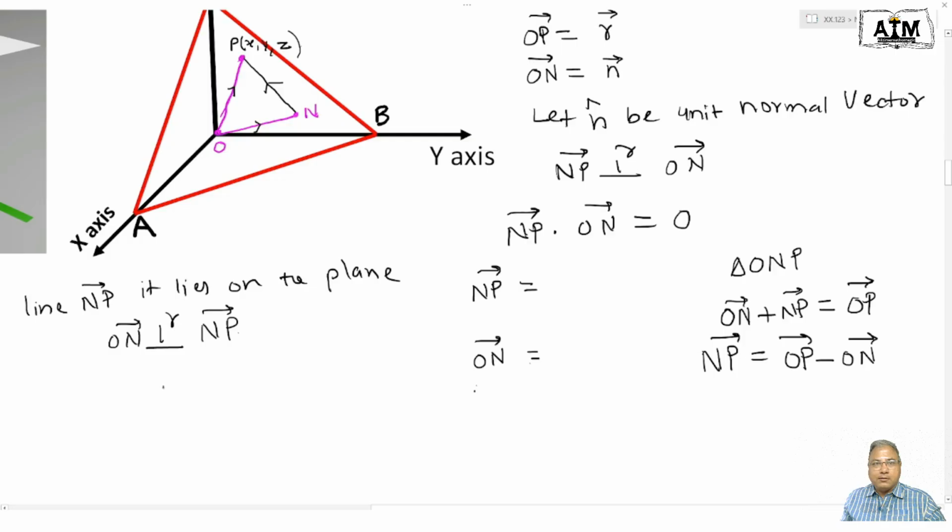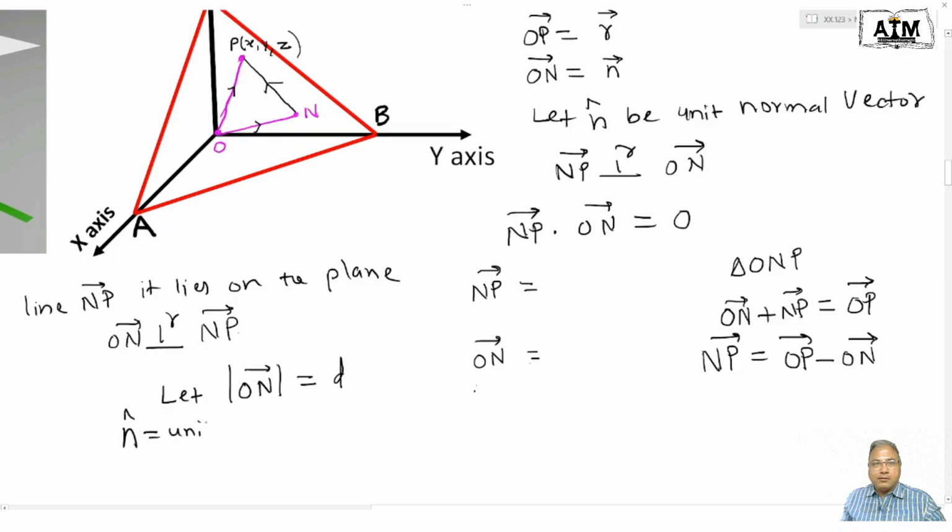Now, let the magnitude of vector ON equal D. Magnitude of vector ON is nothing but the length of vector ON, and the unit vector along ON is nothing but n cap. So what is n cap?